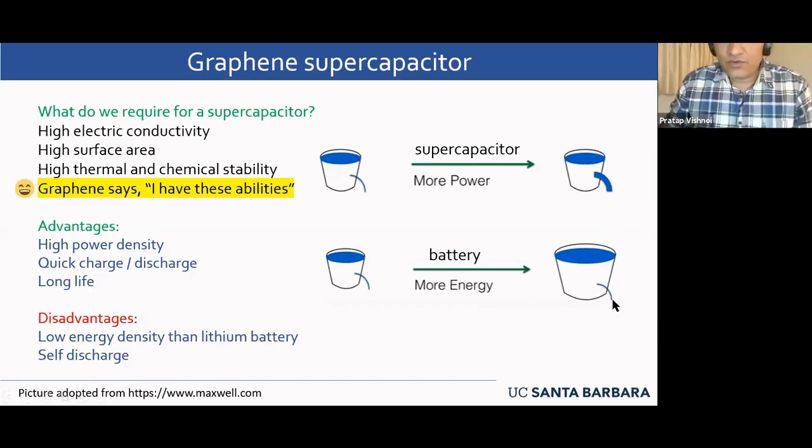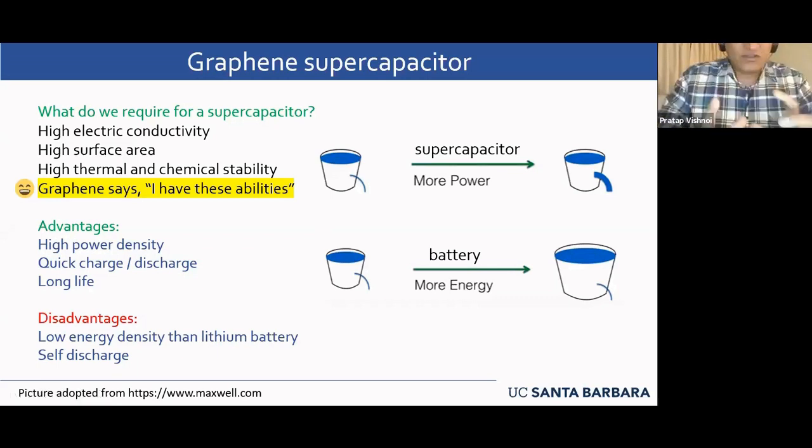So you can see these lines coming out from these cups. The bigger cup indicates that you can store more energy in the batteries. That's energy density. But when you talk about a supercapacitor, you cannot store more energy, because the supercapacitor material has to be as thin as possible. You cannot make it thick and make a supercapacitor. That's useless.